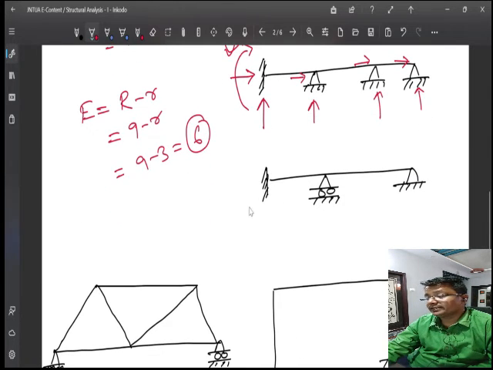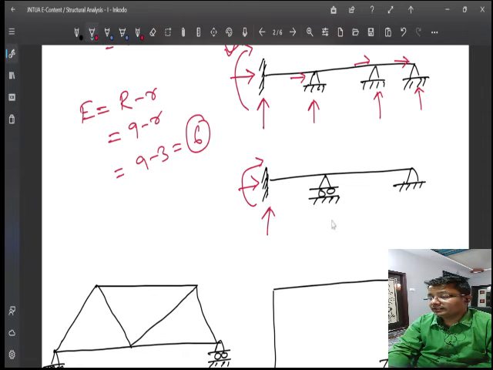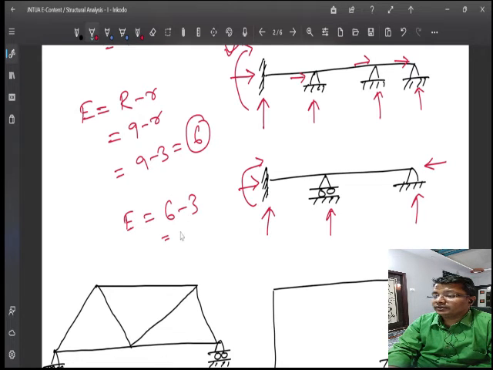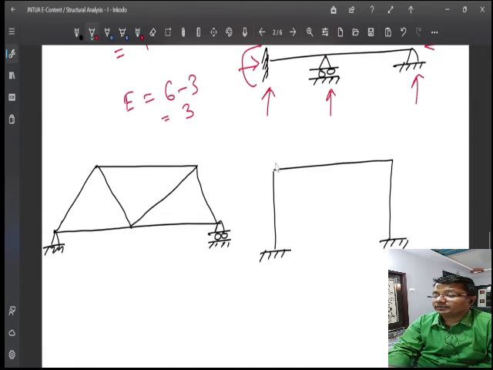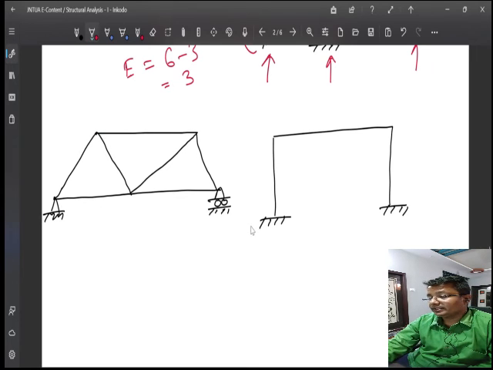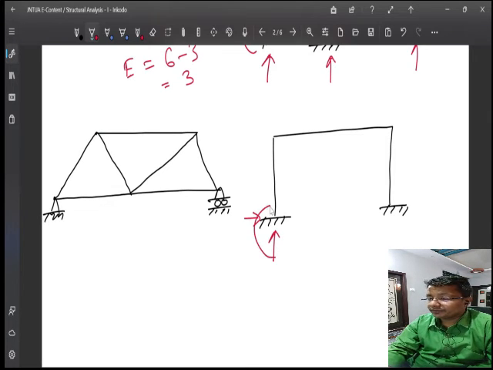Now let's take the next example. I have again 3 here, right? If I am not mistaken, this is 1, this is 1, this is 1. So 2 plus 1 is 3, plus 1 is 4, plus 2 is 6. So my E equals 6 minus 3, that becomes 3. Similarly, let's take the frame. So I have 3, let us say it is like this.